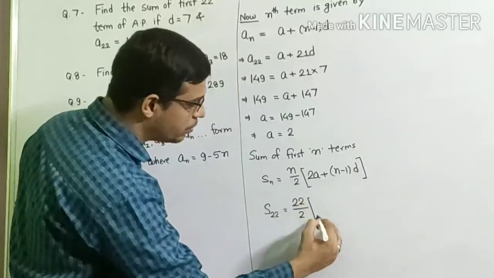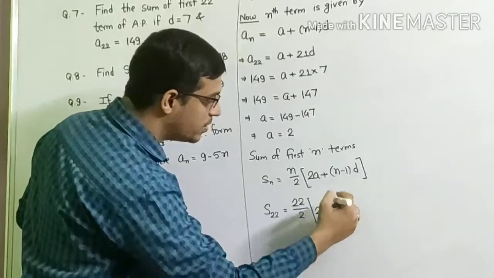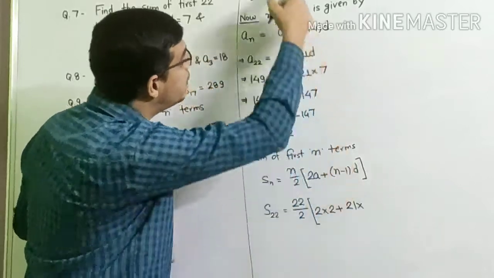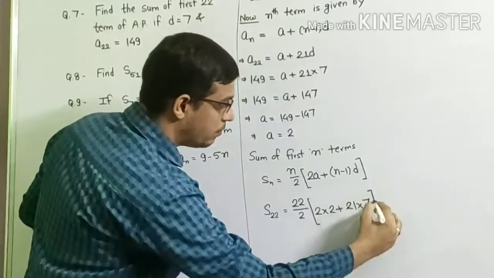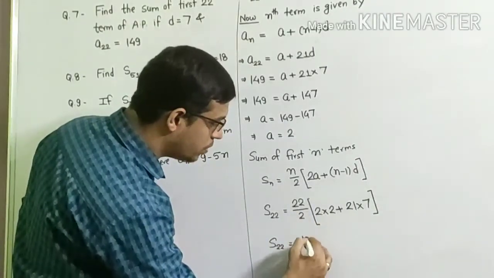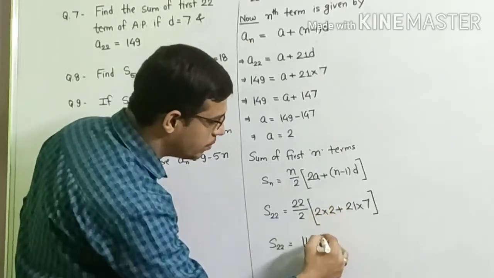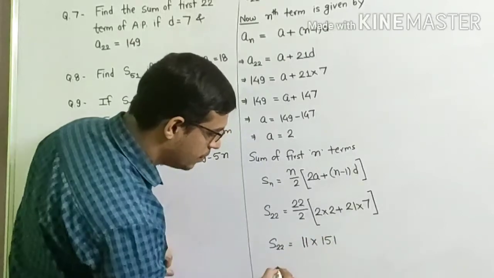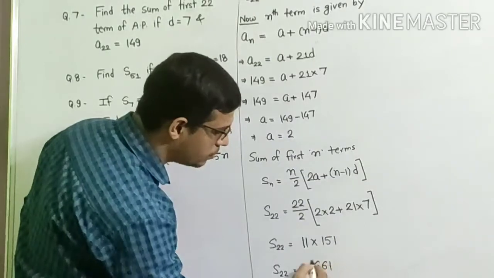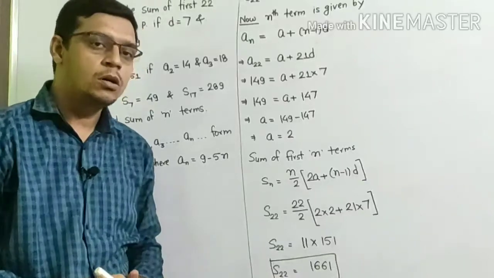Wherever n is written, I put 22. In place of 2a, 2 into 2, plus n minus 1, 22 minus 1 is 21, and d is 7. So S22 is equal to 11, 2 2s are 4, and this is 147, 147 plus 4, 151. So when you solve, you get 1661. This is sum of first 22 terms.